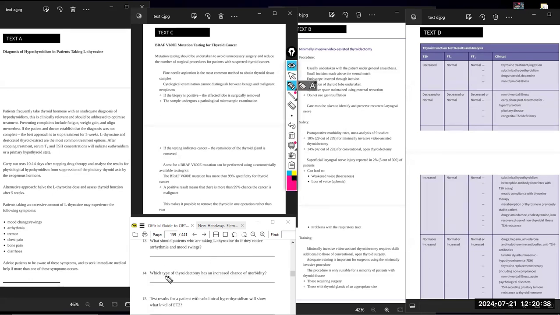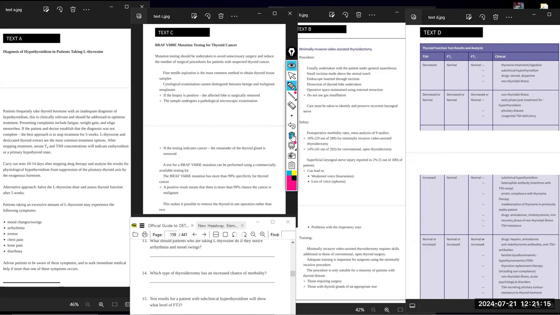Now, the next question is saying which type of thyroidectomy has an increased chance of morbidity? Open thyroidectomy.